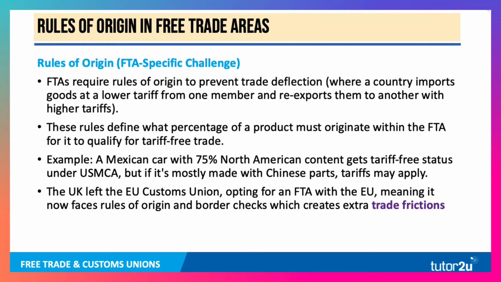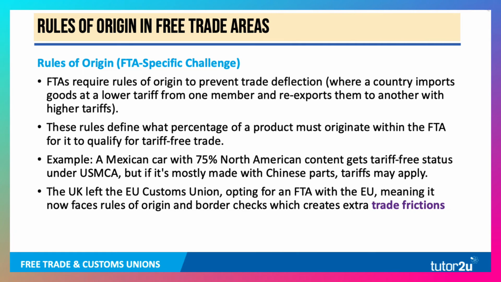Now, a really key thing is to think about rules of origin, particularly in free trade areas. So rules of origin are basically about where something comes from. And normally free trade agreements require rules of origin to prevent something called trade deflection. Trade deflection is where a country imports goods at a lower import tariff from one member and then re-exports them to another with a higher tariff.